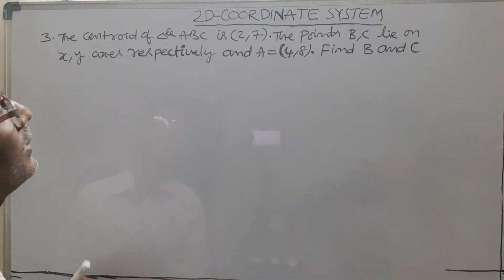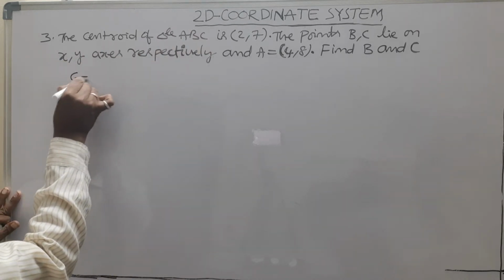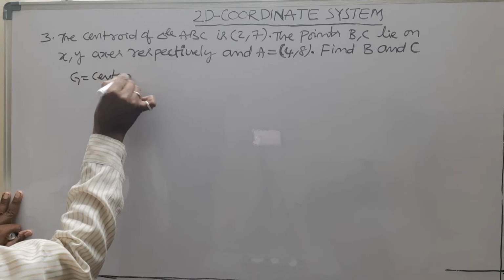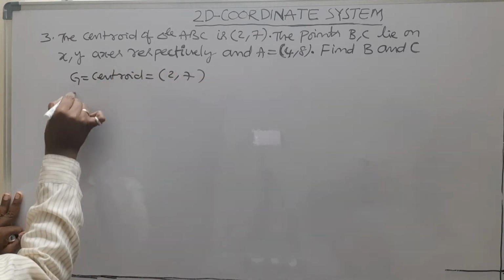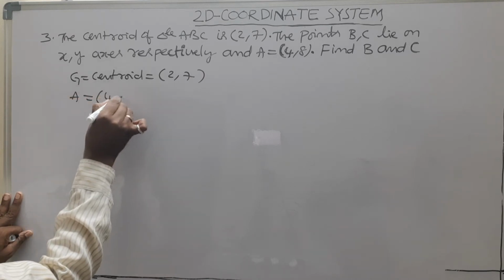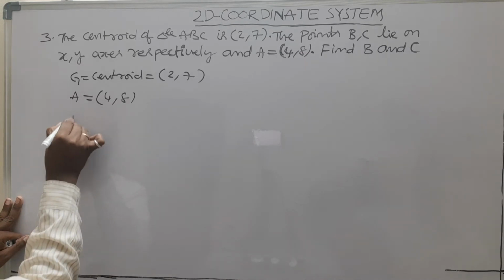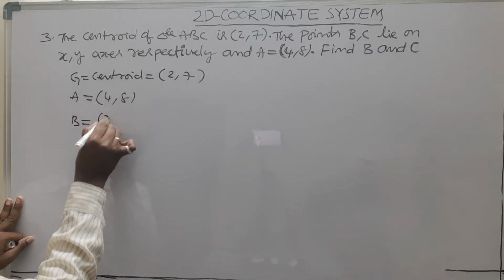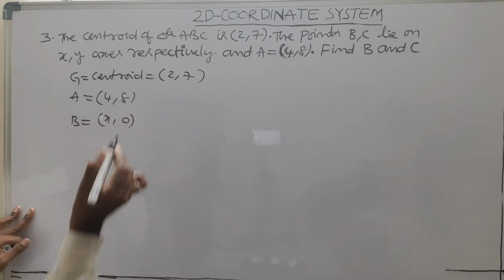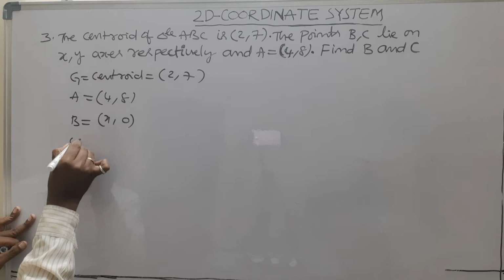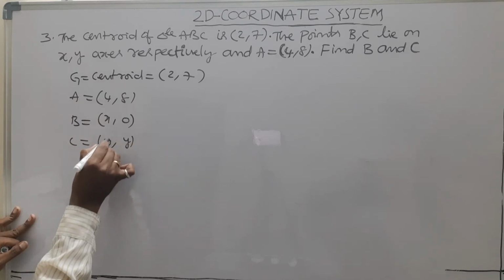Find B and C. Here in this question, centroid G of triangle ABC is (2, 7), and one vertex is given, A is equal to (4, 8). B lies on the x axis, so the coordinates are (x, 0). If B lies on the x axis, the y coordinate is 0. And C lies on the y axis, (0, y). Here the x coordinate is 0.